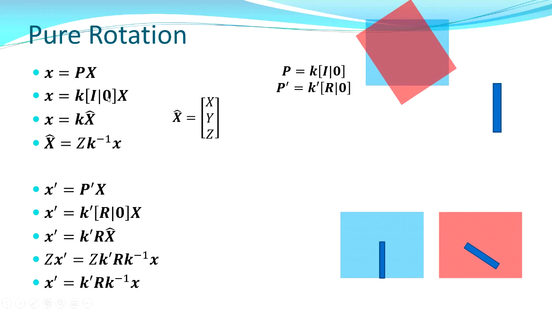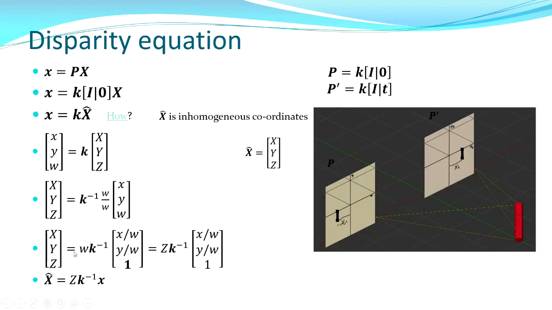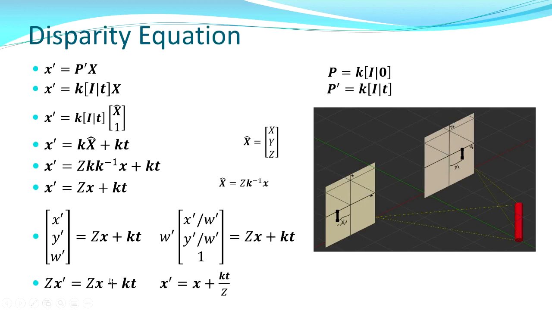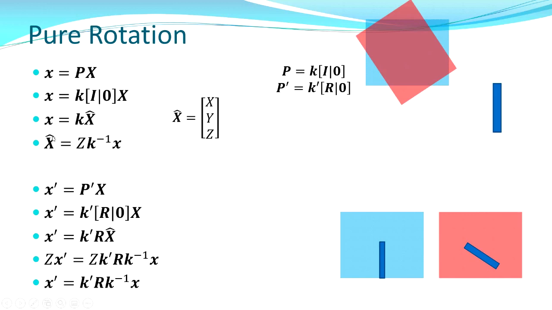Again there is a 0 over here, so that will remove that 1 sitting inside the homogeneous coordinates, and that will just give you the inhomogeneous coordinates x cap. So this is what we have, and just going through the same lines of derivation that we saw over here, we'll see that x cap is again Z K inverse x. So the same thing can be repeated over here, and we get this.